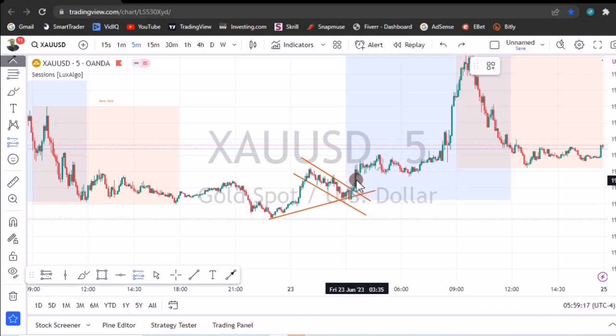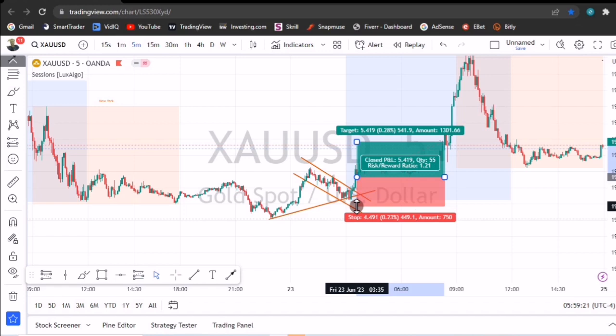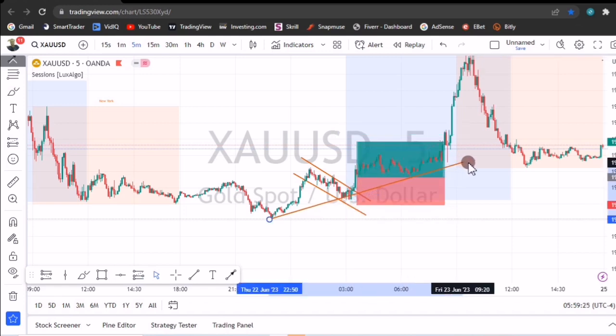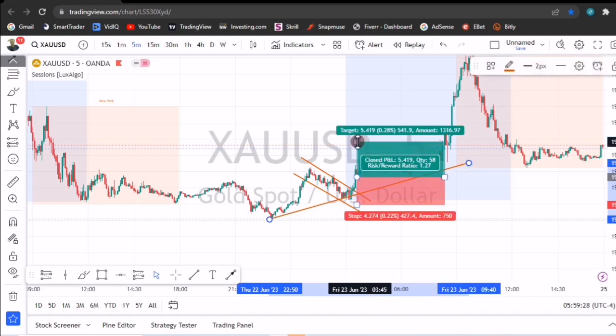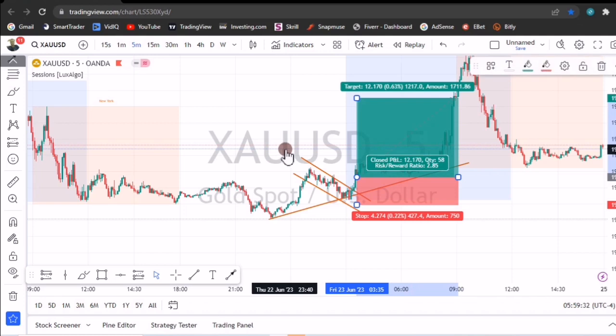Right here you could have placed your buy trade. At the breakout you put your stop loss just below this trend line. Remember, this one guides you, you extend it. I will come back and show you how to identify the right take profit.